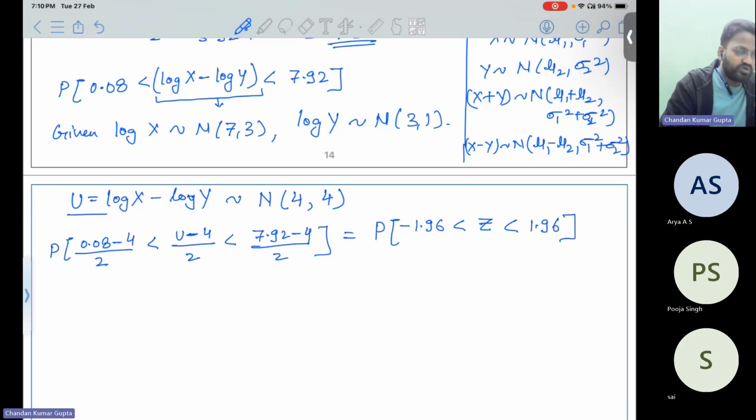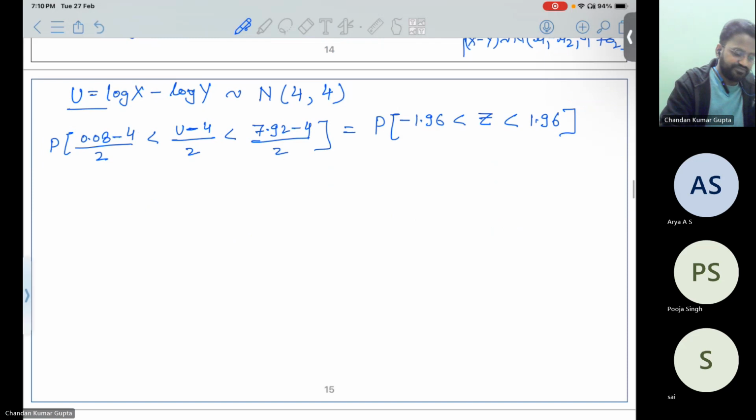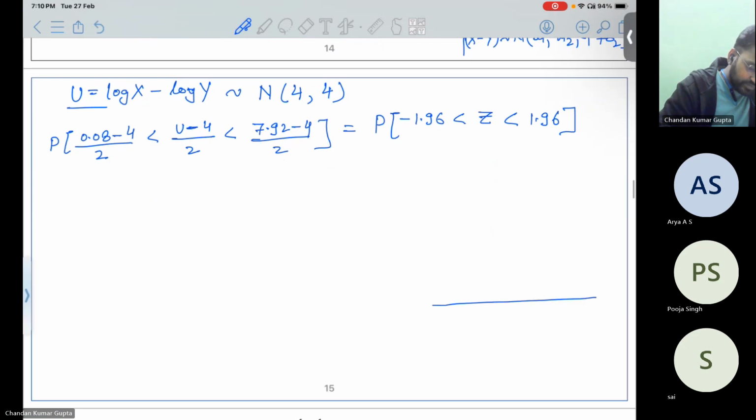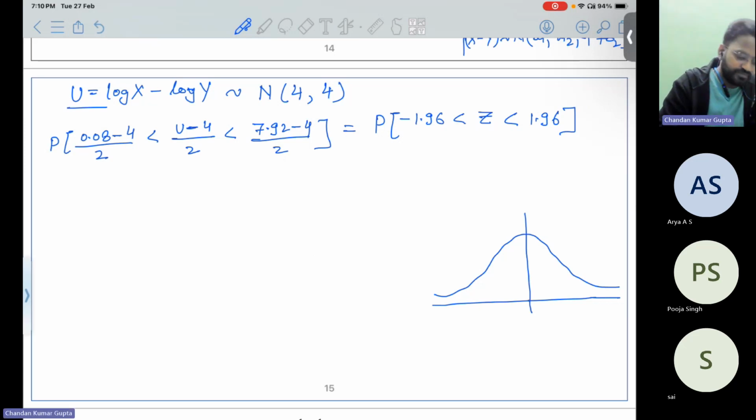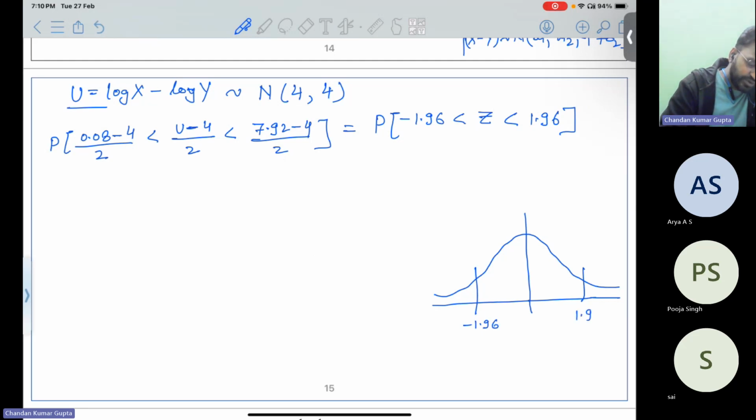Also, we know that it is symmetric in nature. So suppose it is minus 1.96 and 1.96. We need to calculate the probability under this curve.